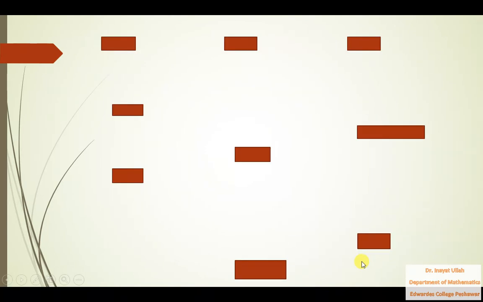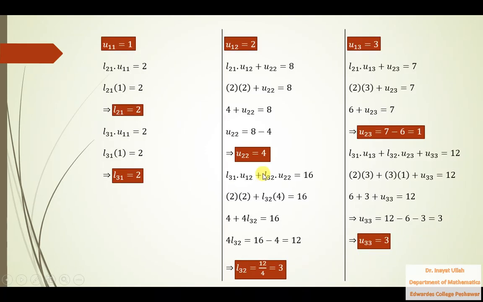So we write here U11 is equal to 1 from comparison, U12 is equal to 2, U13 is equal to 3. Now from the second row, L21 multiplied by U11 is equal to 2, and we know that U11 is 1, so replacing U11 by 1 gives L21 equal to 2.